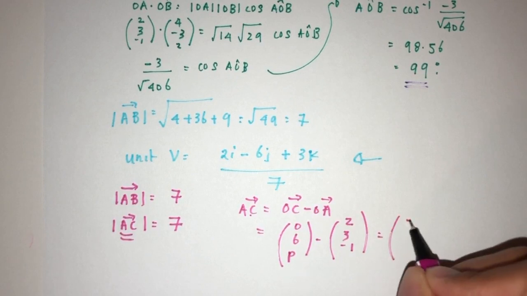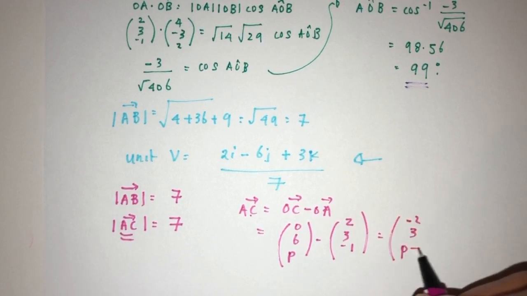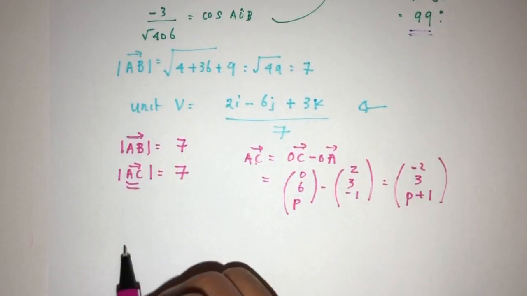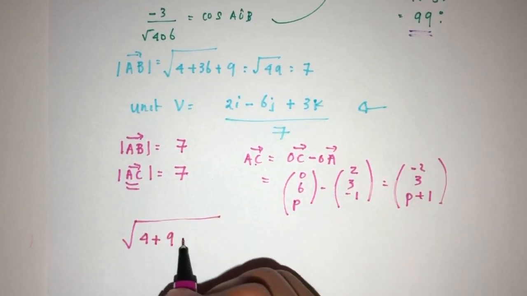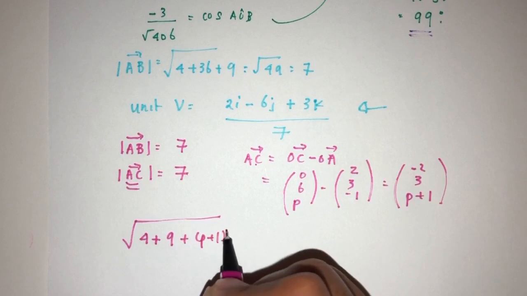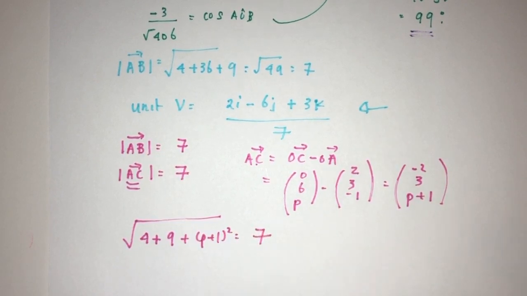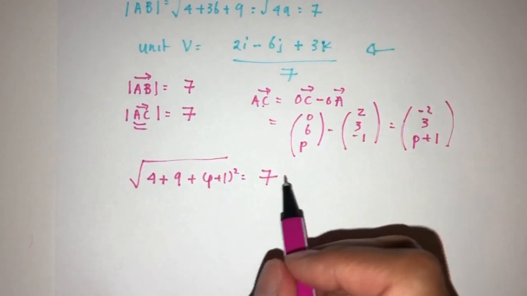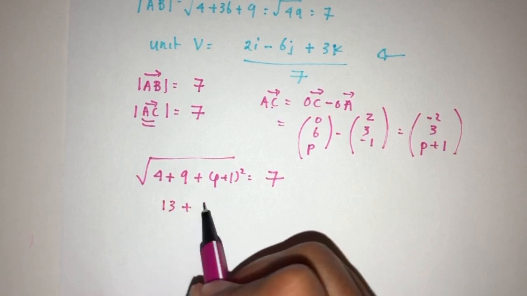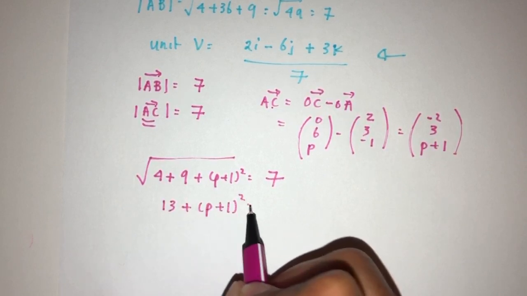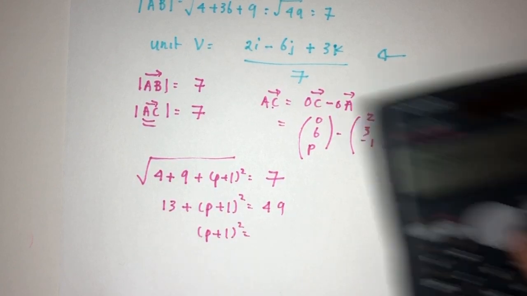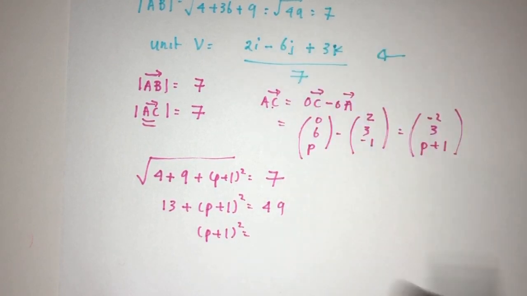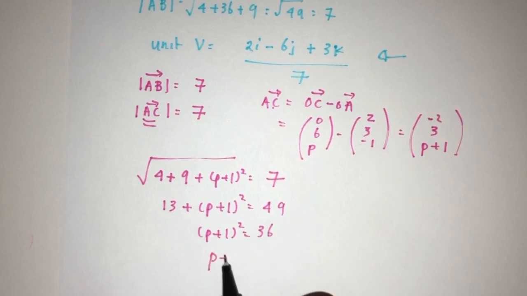That should be (minus 2, 3, P plus 1). Now to find the length, we use the formula we know, that is root of 4 plus 9 plus (P plus 1) squared has to be 7, the same length as AB. Square both sides, you will have 13 plus this has to be 49, so (P plus 1) squared has to be 49 minus 13, that should be 36, which means P plus 1 has to be plus or minus 6.